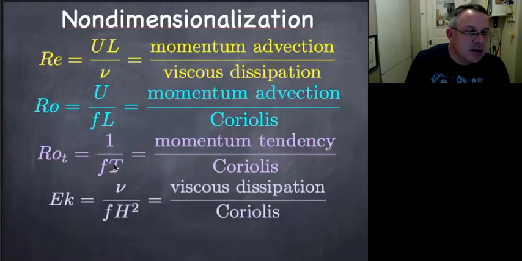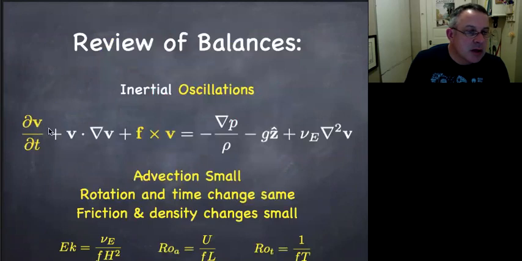It's 1 over f times time scale. So if you divide this term by that term, the f times time scale is in the denominator, and the size of this velocity and the size of this velocity are pretty similar, so those just cancel out. So you get 1 over f times whatever the time scale is.